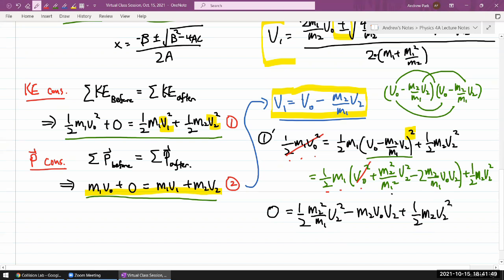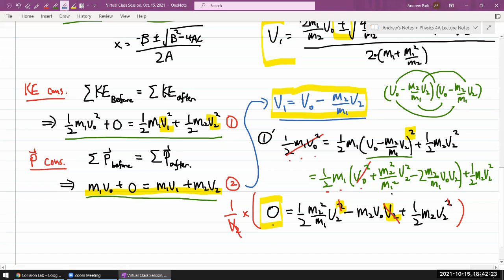Now you might think, isn't this the same as before? You have still squared terms and linear terms, but watch that you have 0 on the left hand side this time, which means I can multiply both sides by 1 over v2 to turn this quadratic equation into a linear equation. This is going to cancel out one factor here, this factor here, and one factor here.